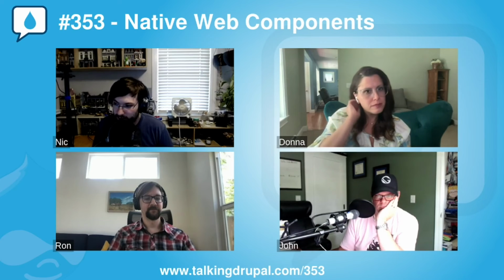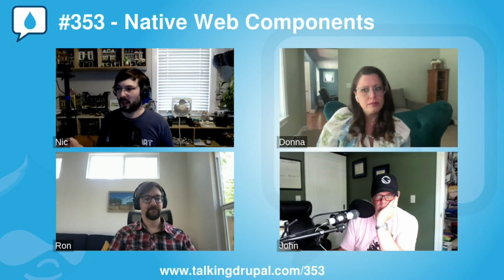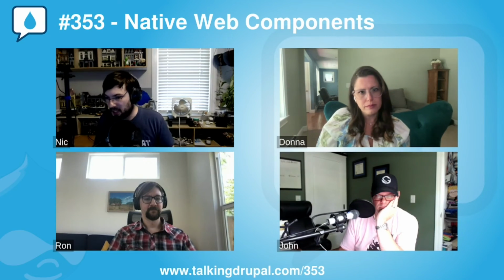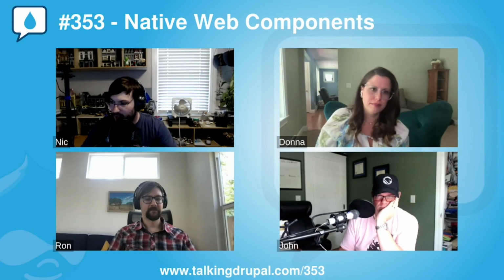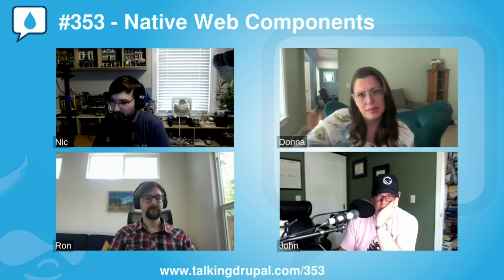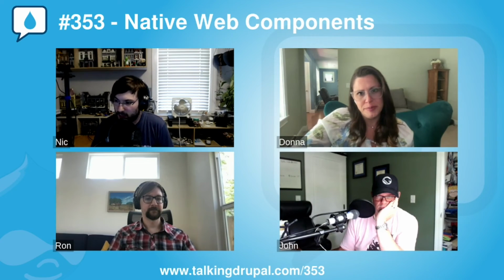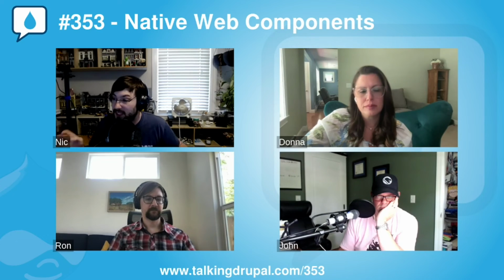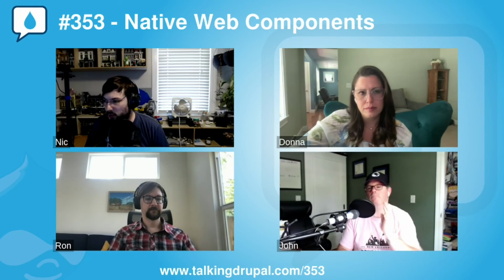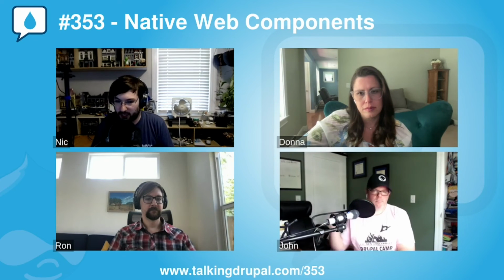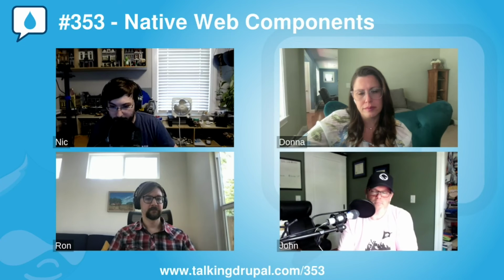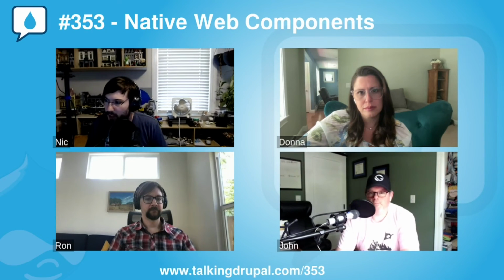Then you have a Twig file somewhere that says, okay, when you're rendering this piece of content or this paragraph or this whatever, you attach this library to it, which then Drupal uses to attach the JavaScript, and then output this HTML. And that HTML is the custom element that you created with attributes placed where they're supposed to go. So that's the integration side. You're basically telling Drupal, the way you normally do with Twig integrations, when this Twig template needs to load, you need this JavaScript library, and this is the HTML you're outputting.